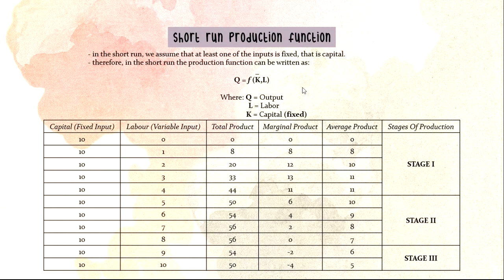As we can see on the screen, to make output in short run production, we need at least one input that is fixed. If we don't have one fixed input, then it doesn't belong to short run. It belongs to long run production.